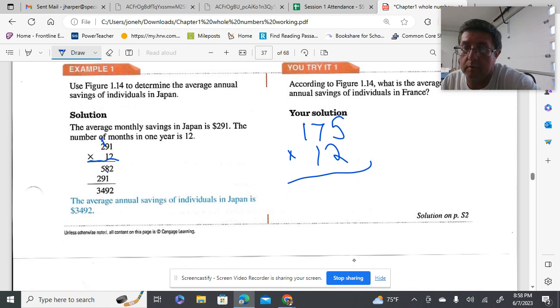So we would go 2 times 5 would be 10. 2 times 7 would be 14, plus 1 would be 15. And then we would go 2 times 1 would be 2, so it would be 3.